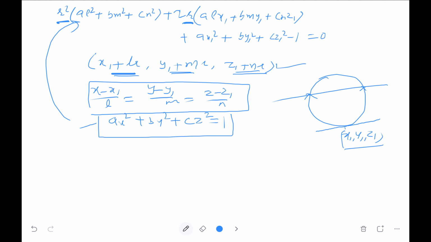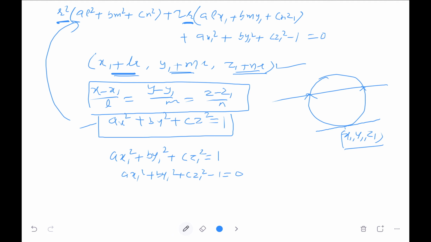Now the point (x1, y1, z1) lies on the conicoid, so it must satisfy the equation of the conicoid: ax1 square plus by1 square plus cz1 square is equal to 1, or we can say that ax1 square plus by1 square plus cz1 square minus 1 is 0.